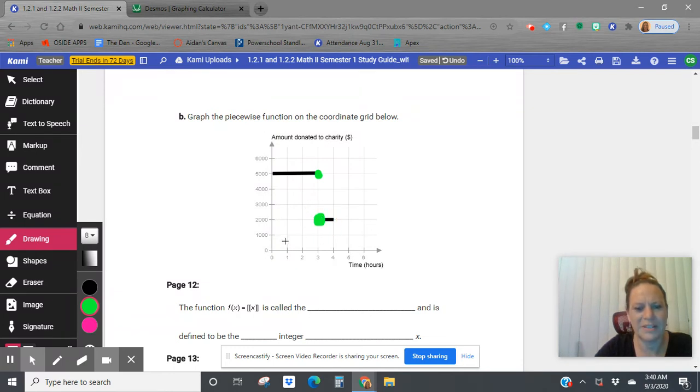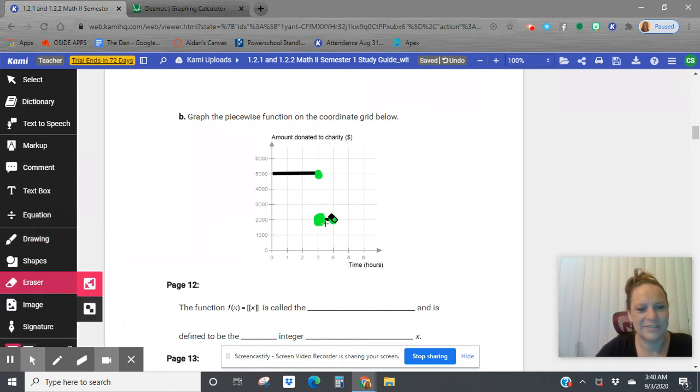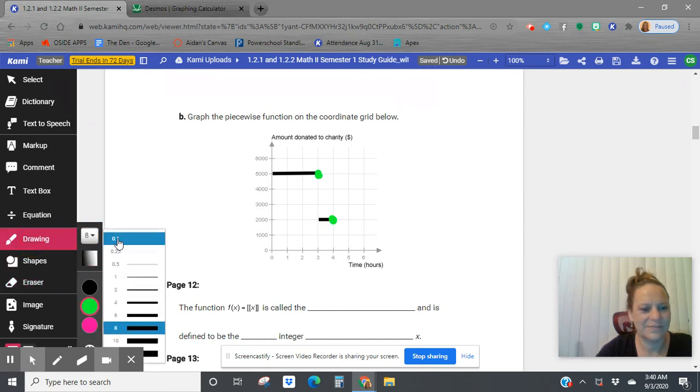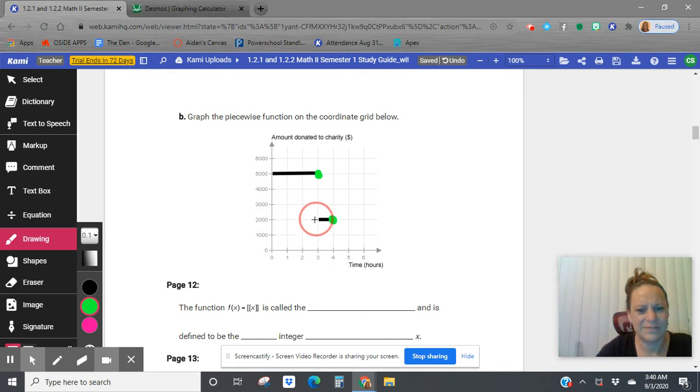Kind of hard to see our open dot there. And then this next one's going to be a closed dot. Sort of better open dot, I don't know.